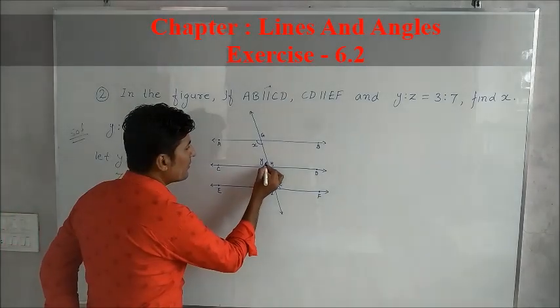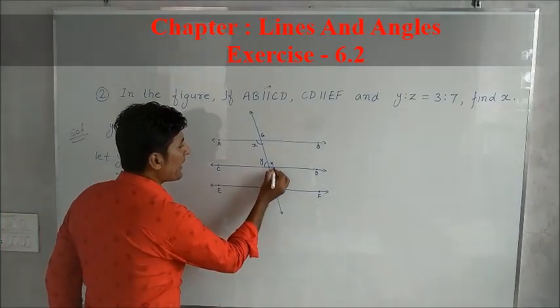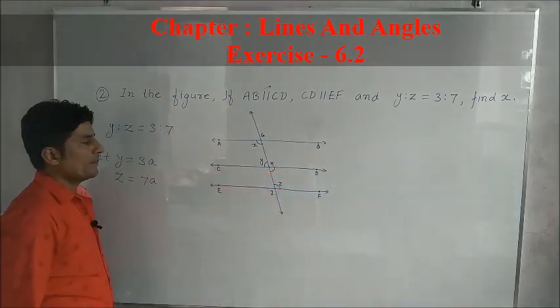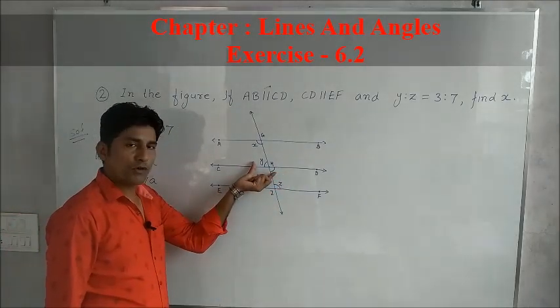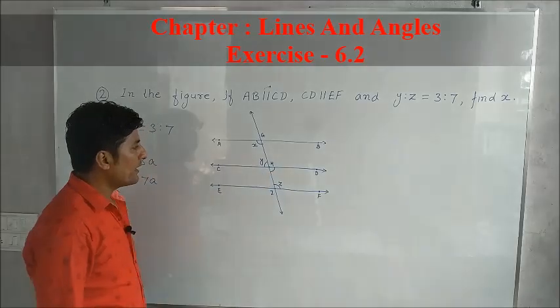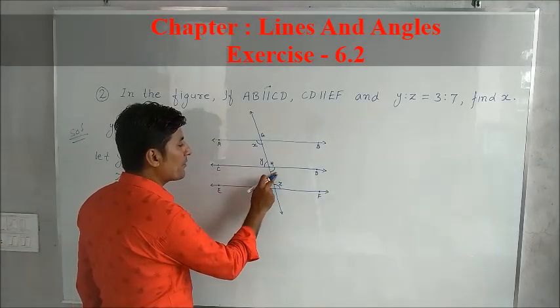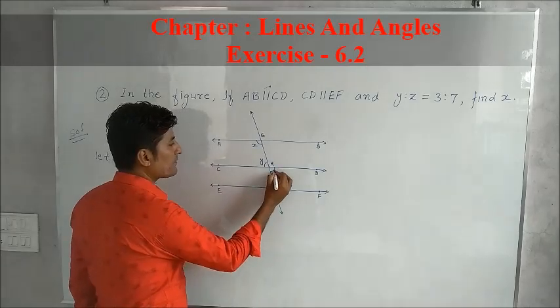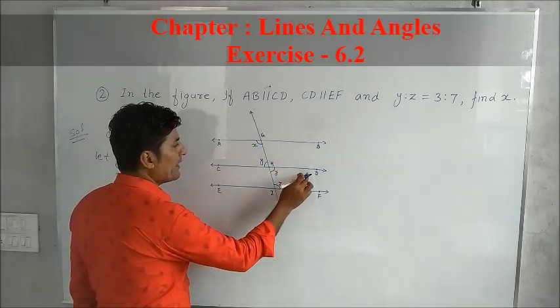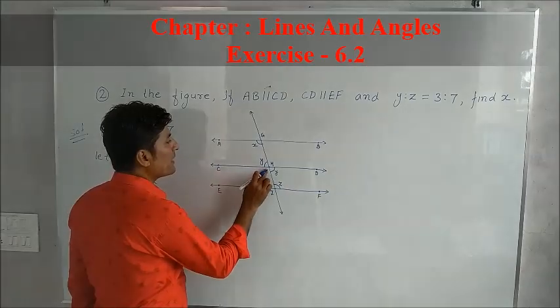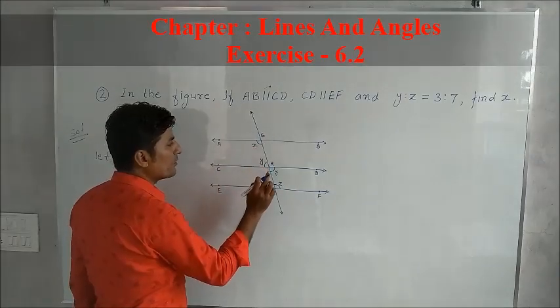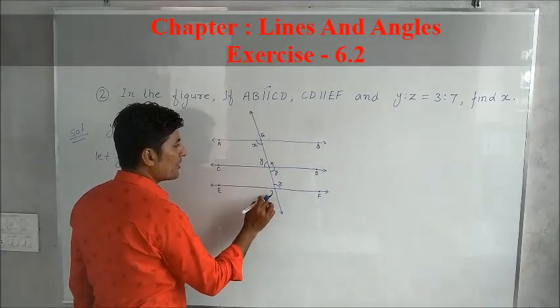After that, as we know, the measurement of this angle is equal to this angle, because both are a pair of vertically opposite angles. Hence, if the measurement of this angle is Y, this will be equal to Y also. So we can write angle CHG is equal to angle DHI.